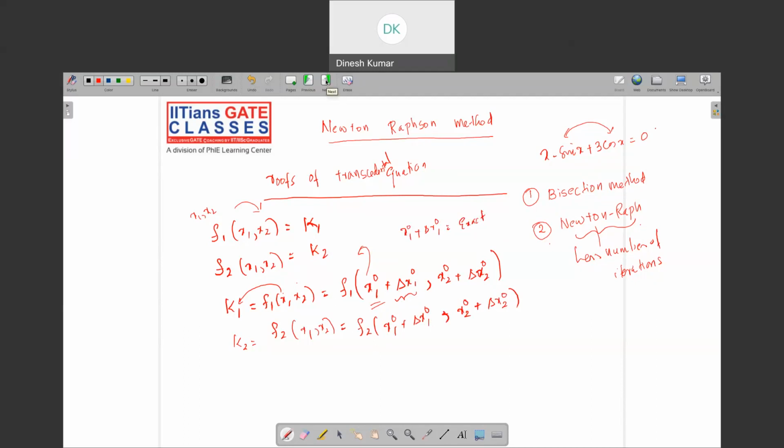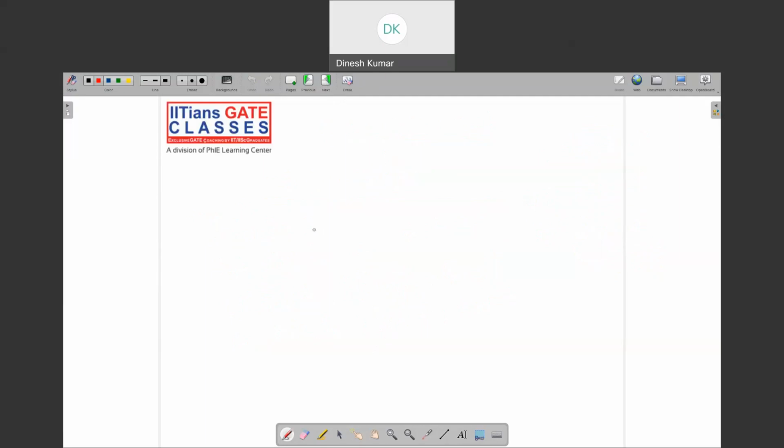Now what we are going to do is take the Taylor series expansion of this. That means k1 can be represented as f1 of x1 0, x2 0 plus delta x1 0 into dou f1 by dou x1 plus delta x2 0 into dou f1 by dou x2.